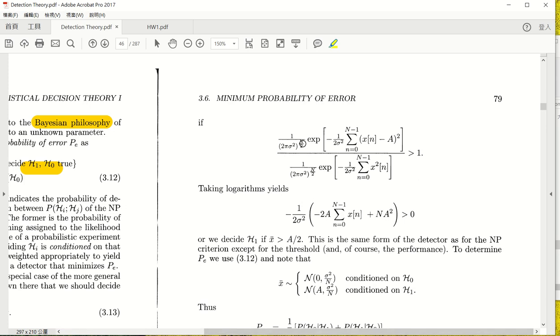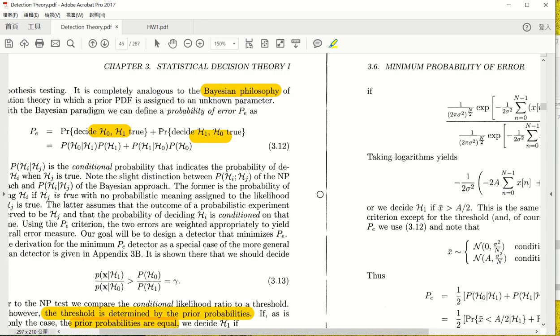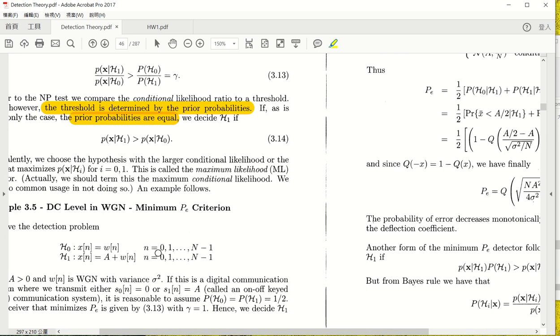这是一个 multiple sample 的 Gaussian distribution condition on H1，因为 condition on H1，所以它就会有 A 作为它的 mean。我想我稍微讲慢一点点，因为这 multiple sample 可能大家如果一时不熟悉的话，比较难跟上。We have multiple samples instead of just one sample.